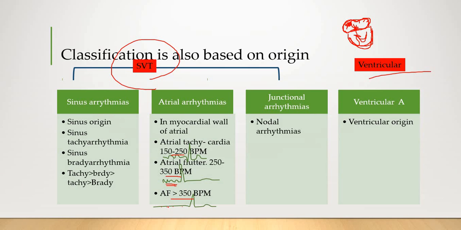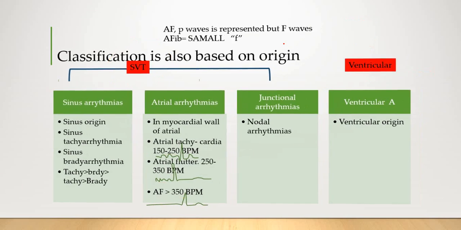So the P wave is not represented, just dots are there, followed by the QRS complex. Usually in case of atrial flutter, this P wave is represented by a capital F, and in case of fibrillation it is represented by a small f.